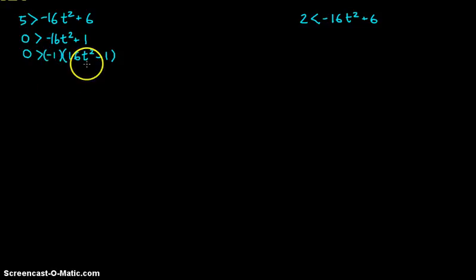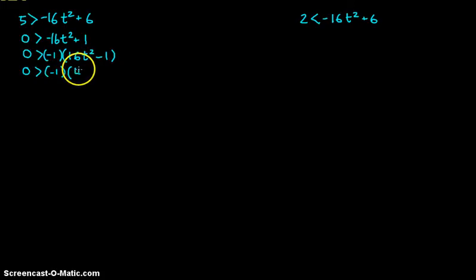Now I've got to look at this and say, can I factor this out? Sure I can. And if you notice, the 16t squared minus 1 is a perfect square. If it's a perfect square, I can very easily say this is actually negative 1 times the square root of the first times, subtract the square root of the other. Remember that?